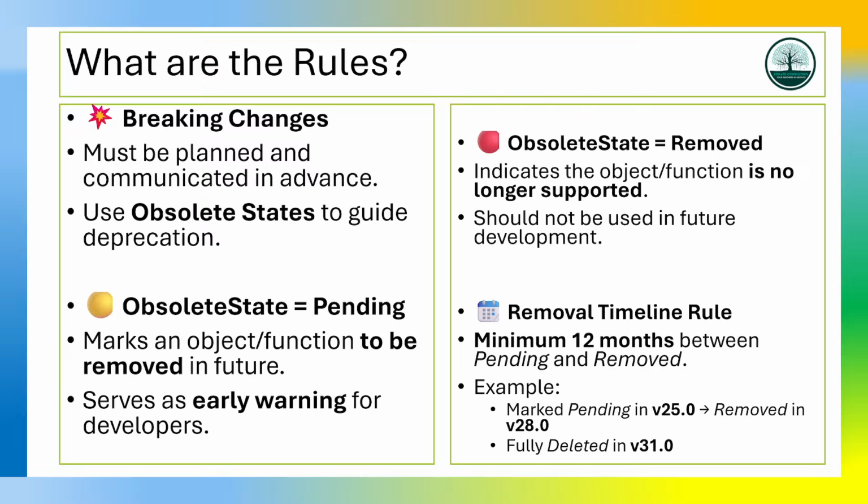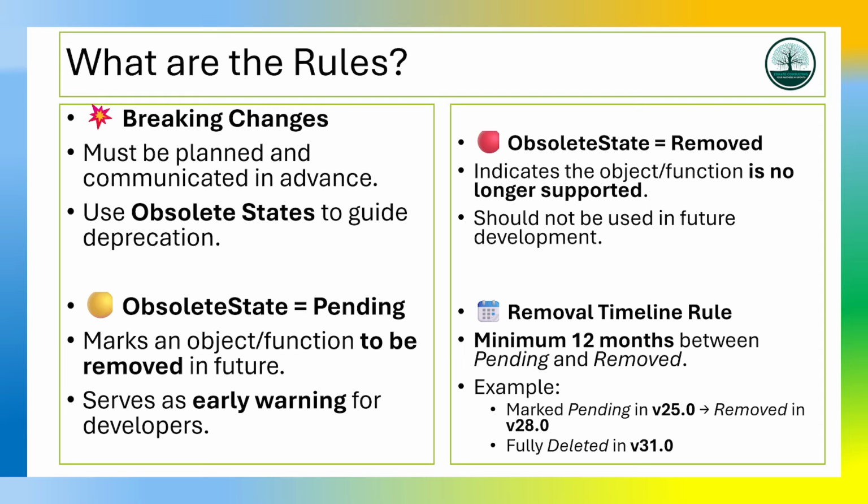Now how do they know it? When they open their project in Visual Studio Code and they have a dependency on your app, they start getting warning symbols in VS Code saying this is marked as obsolete pending and will be removed in XYZ version. That acts as a warning.